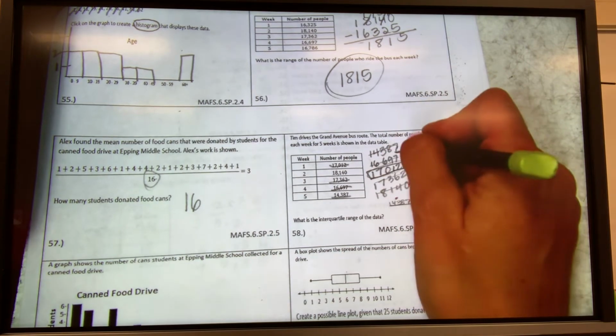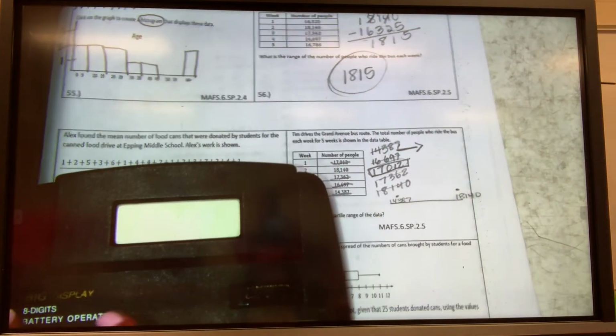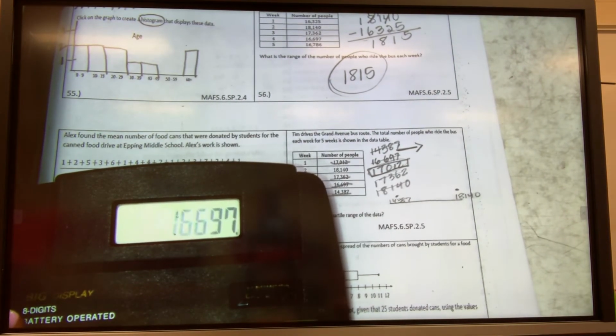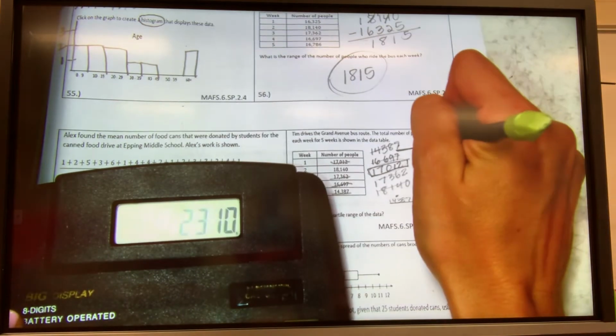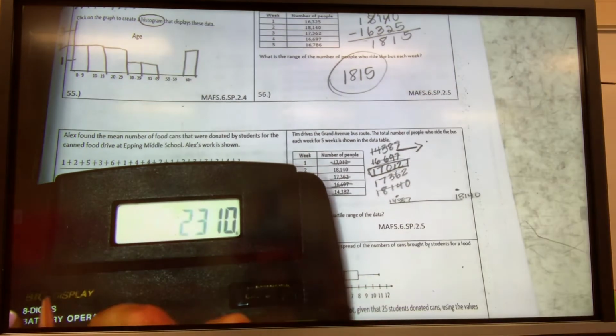So what falls here? So when I take 16,697 and subtract 14,387, I get, I meant to add, I meant to divide. What am I doing?